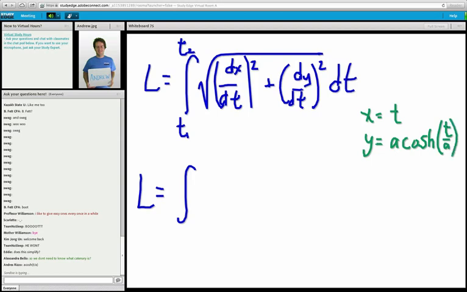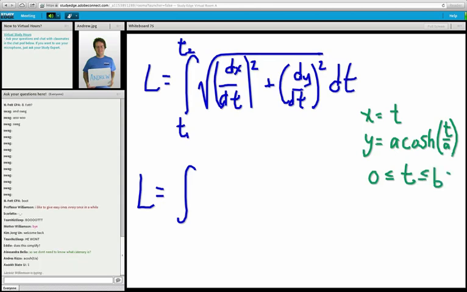Thanks, Andres. All right, so we're going to use that parameterization. Our bounds for t go from 0 to what? 0 to b, I think. Thank you. All right, so we're going to do 0 to b.